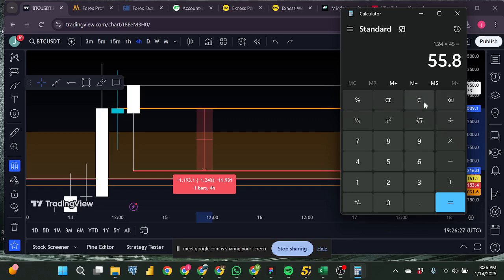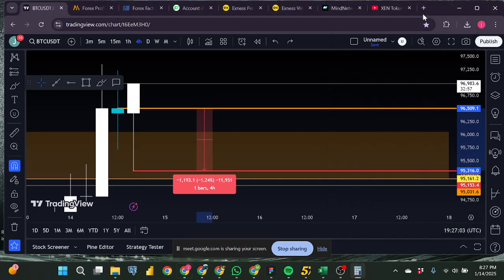So, like I was explaining, and to whoever is listening, this is 1.24%. Don't forget that we are trying to know what amount of leverage we will use so that we can only lose 50% of the money we want to use to take this trade.